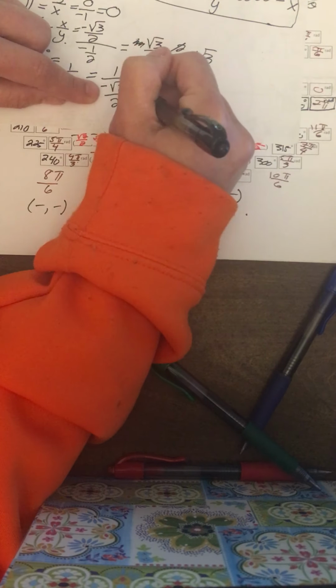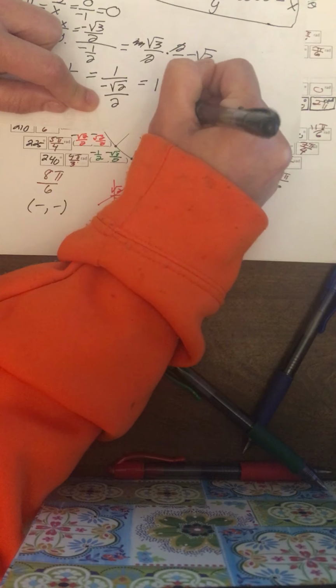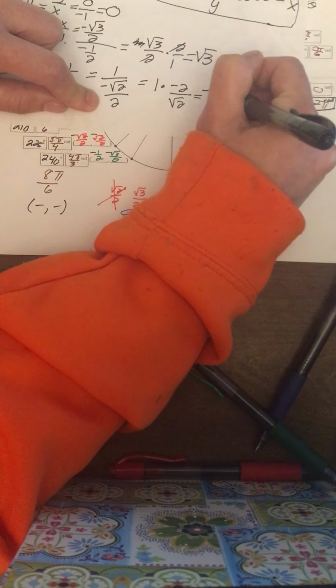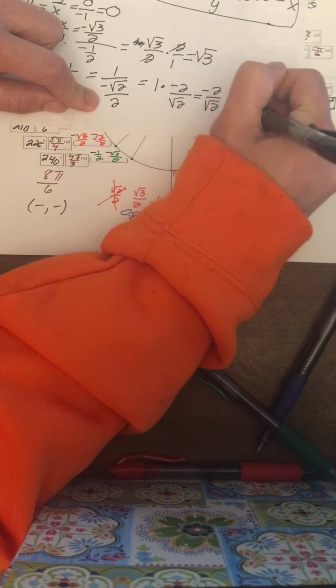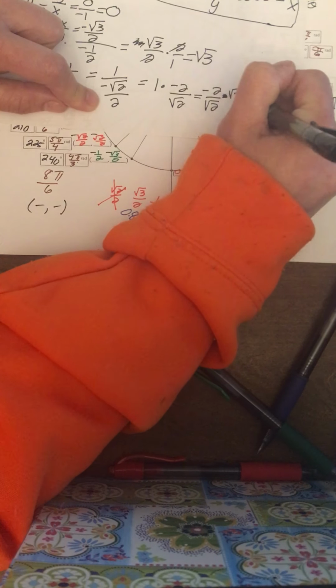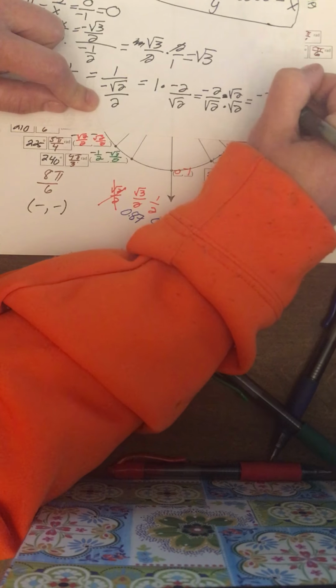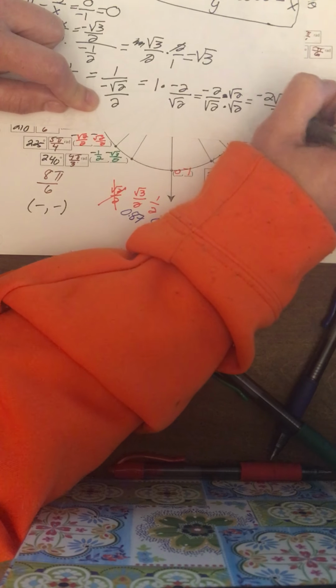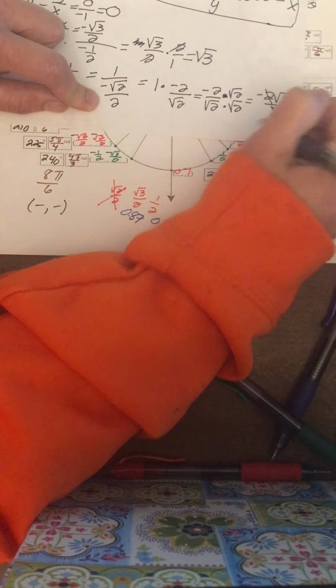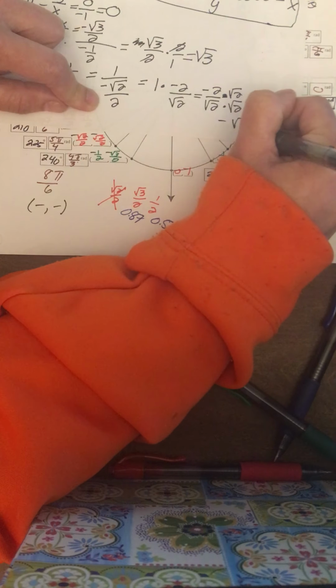So the reciprocal of negative square root of 2 over 2 is negative 2 over the square root of 2. That gives us negative 2 over the square root of 2. And we can't have a radical in the denominator. So we have to multiply the numerator and denominator by the square root of 2. And that gives us negative 2 square roots of 2 over 2. Our 2's cancel, and we just get negative square root of 2.